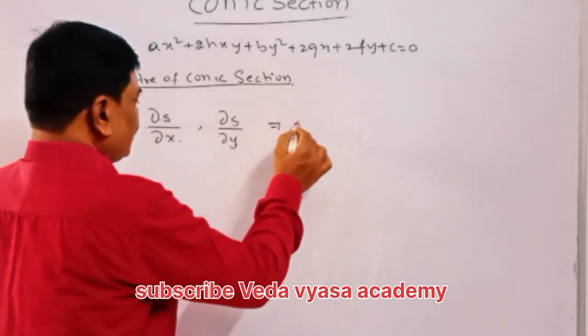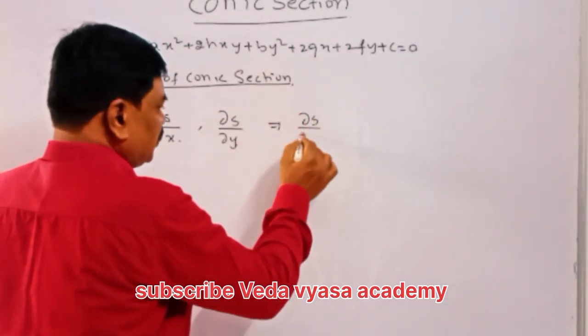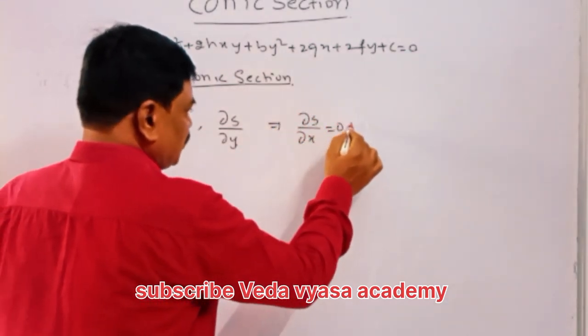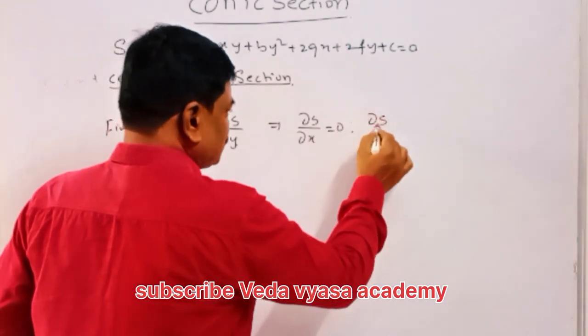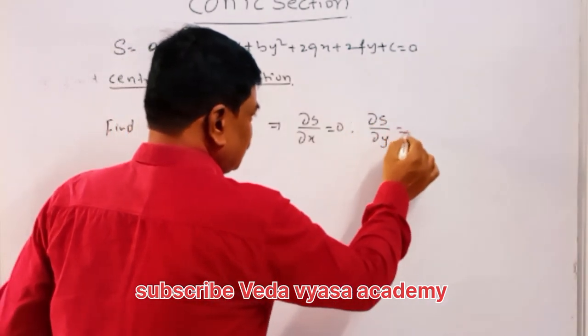Then you take dou S by dou x is equal to 0 and dou S by dou y is equal to 0.